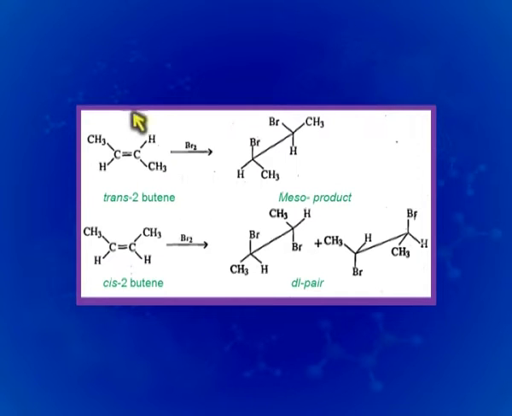So, the trans alkene will give rise specifically to the meso product, which by virtue of its internal cancellation has no optical activity, and the cis isomer will give rise to optically active isomers, the DL pair. So, one is D, another is L.